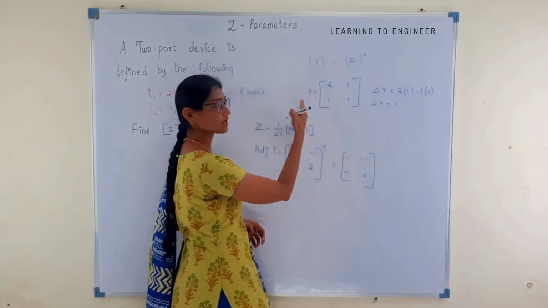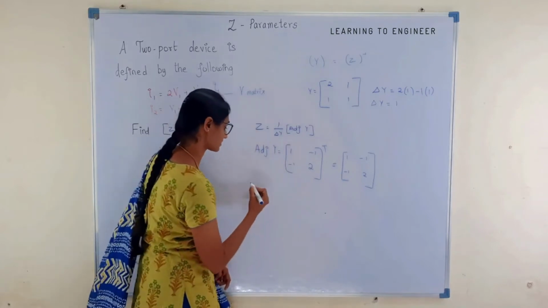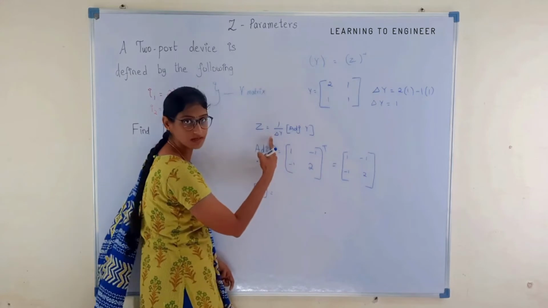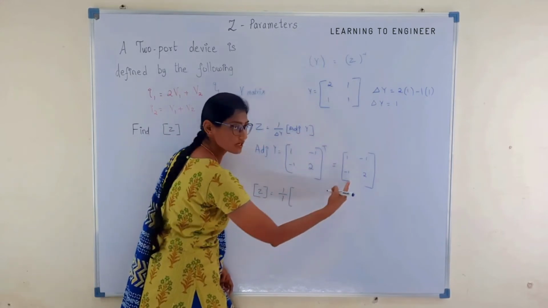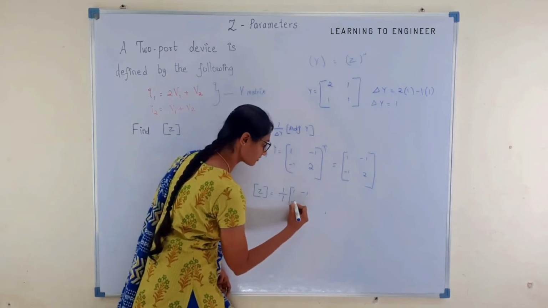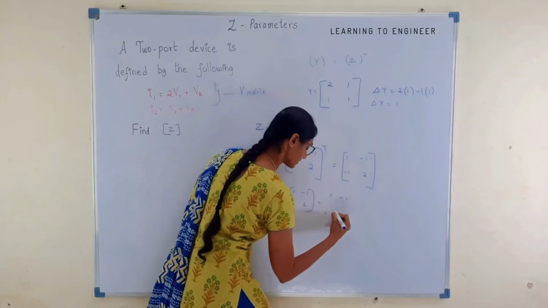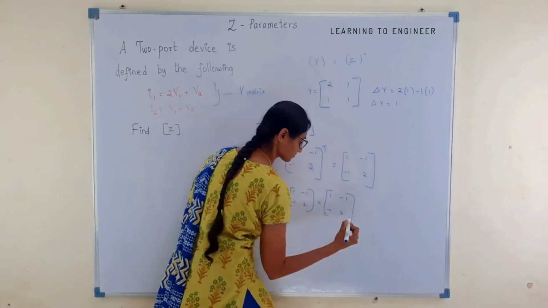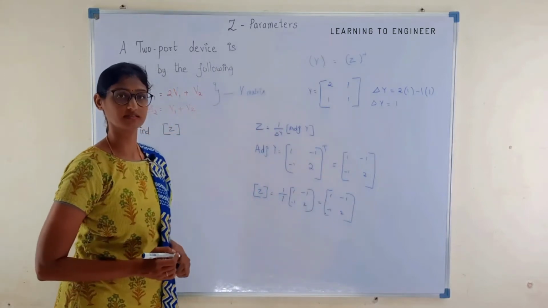So let us now find out the inverse of Y matrix, which is the Z matrix. The Z matrix will be 1 by the determinant of Y, which is 1 by 1, into the adjoint matrix 1 minus 1 minus 1 and 2. So the Z matrix is 1 minus 1 minus 1 and 2. This is the Z matrix.